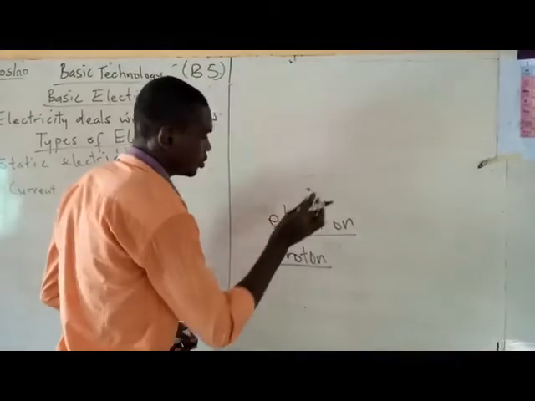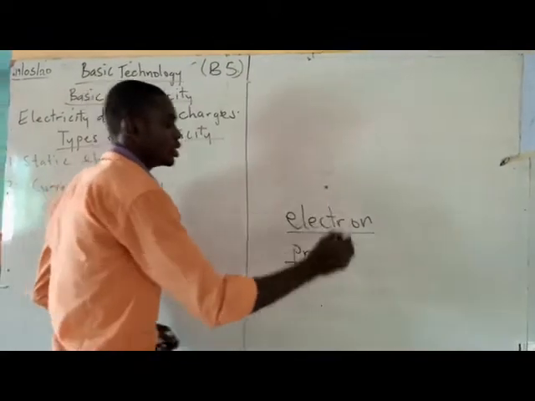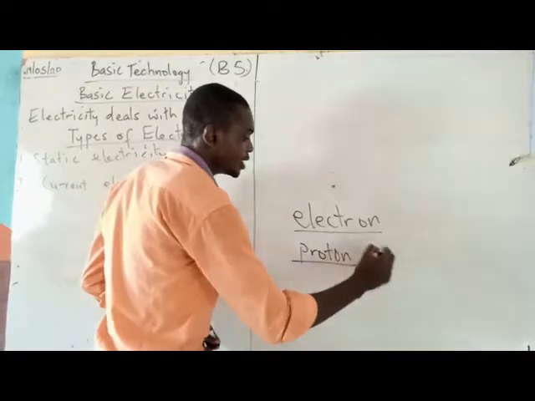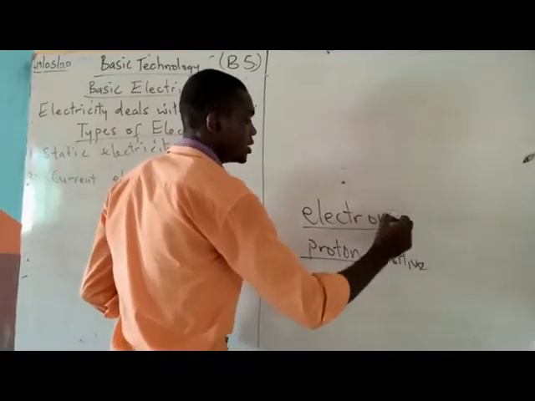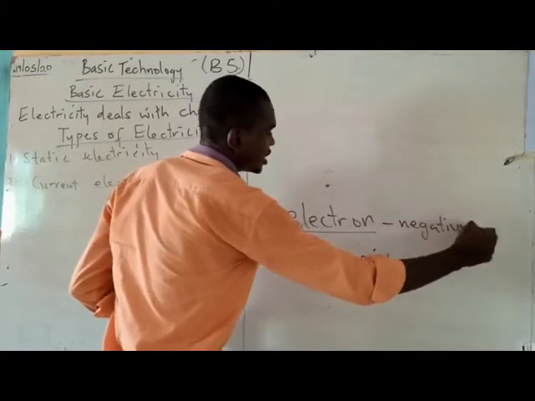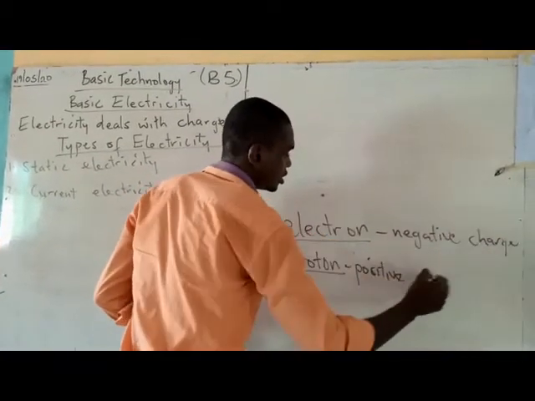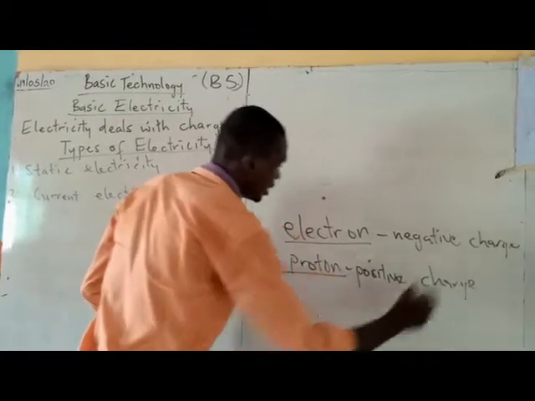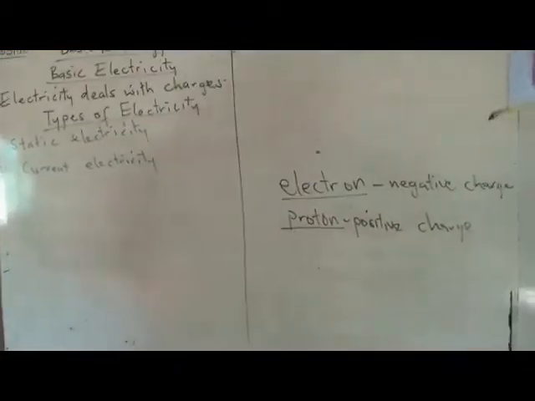Take note of these two: electron, proton. The proton is positive, that's plus, while the electron is negative. But let's not dwell on that too much.